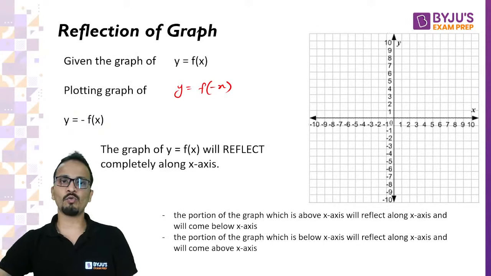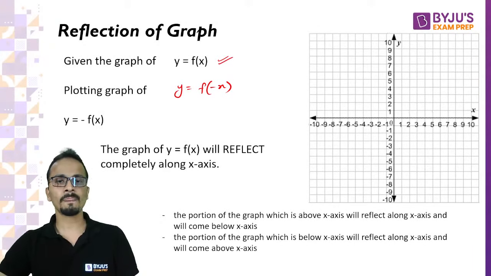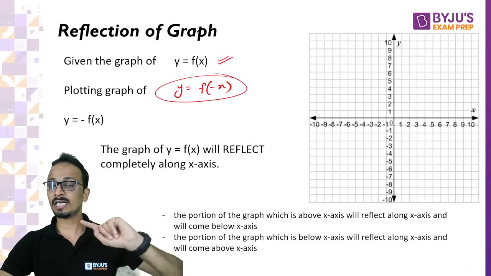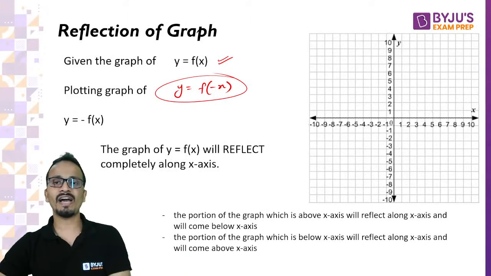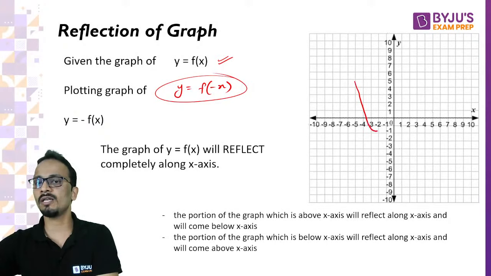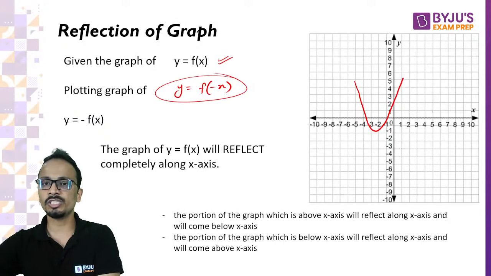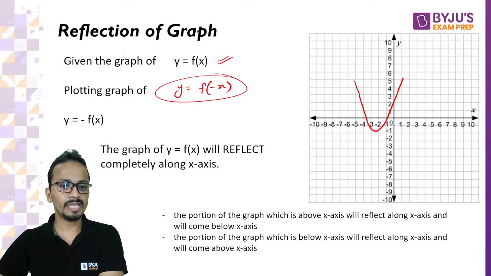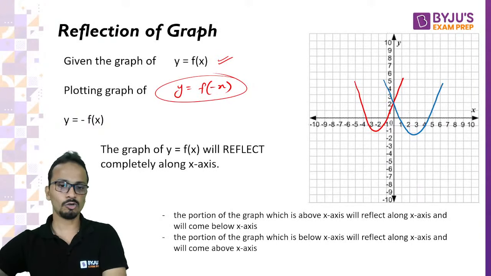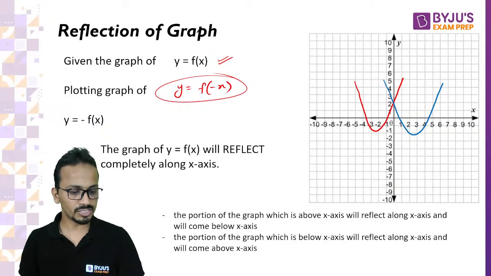So if y equal to f of x is already given and I'm plotting the graph of y equal to f of minus x, the graph will be reflected along y-axis. So if the original graph was like this, then the new graph will be reflected along y-axis and it will become like this. Okay, just a rough shape of this graph.